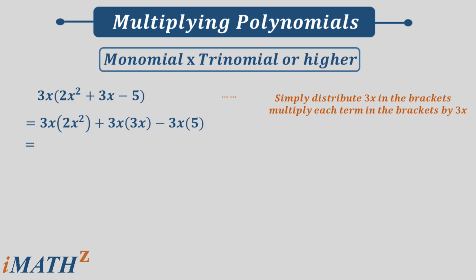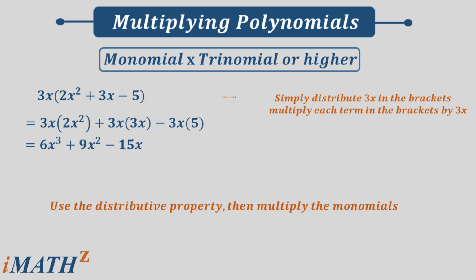This simplifies to 3x cubed as the first term. The second term then becomes 9x squared, and the final term simplifies to minus 15x. Again, the idea is the same. The distributive property is used to multiply each term in the brackets by the monomial outside the brackets.